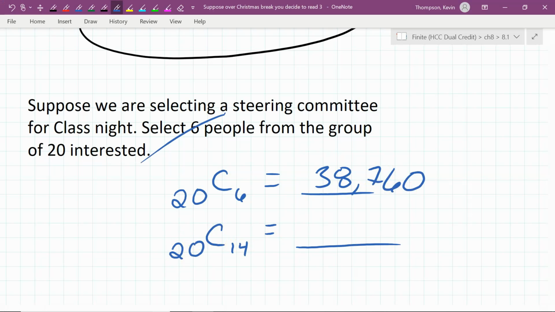What is it? It's actually the same. Does that feel weird, that I'm choosing more people but I got the same answer? So I wonder if I could illustrate that in the class, just looking at the 7 of you, okay?